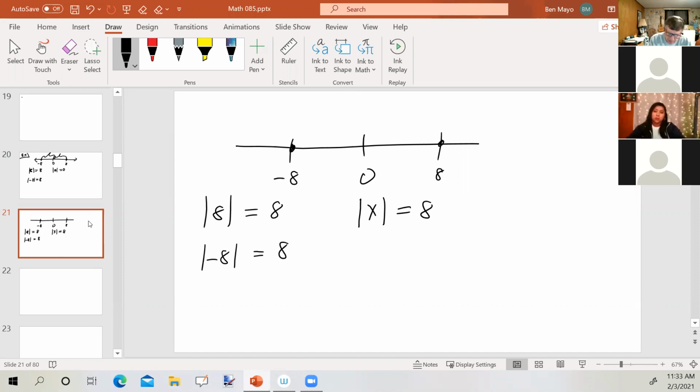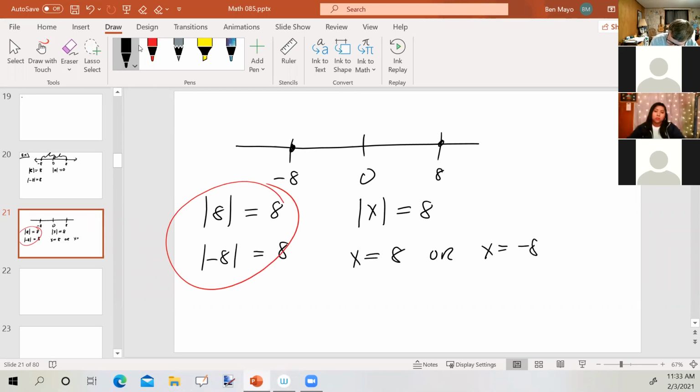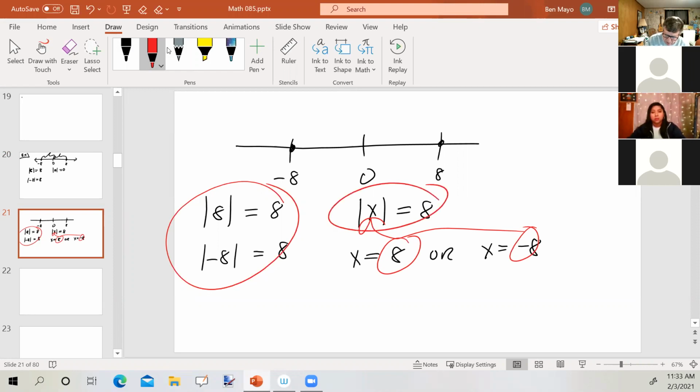Can you see from our examples that either x would have to equal 8 or x would equal -8? Because if we put either one of those in here and took its absolute value, we would get a +8 answer. So this equation has two solutions. Any questions on that?